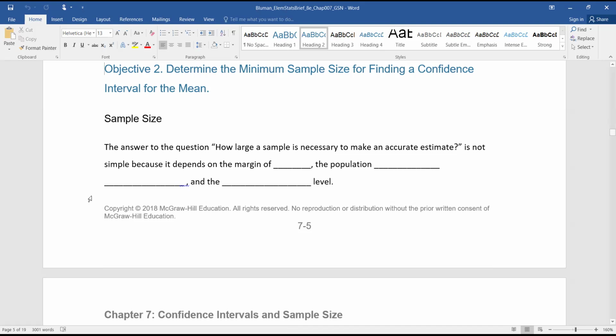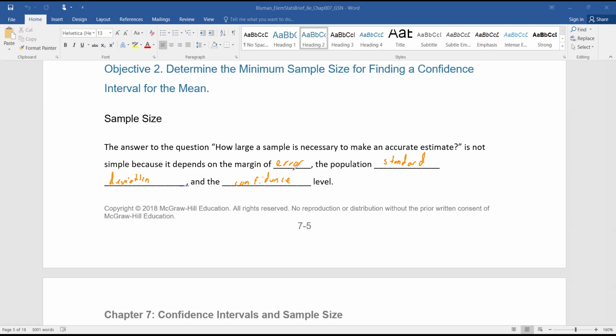How large of an error are you willing to make? If it's a small error, you need a large sample. If it's a large error, you can have a small sample. So it depends on the population standard deviation and the confidence level.